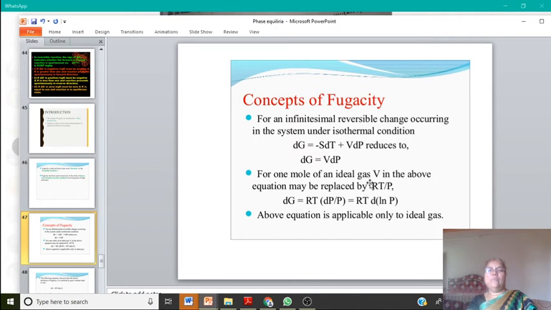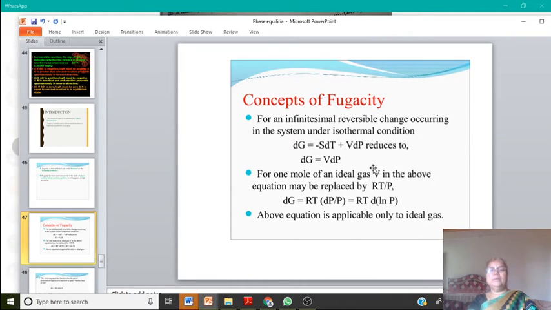For 1 mole of an ideal gas, V in the above equation may be replaced by RT by P. You know, for 1 mole of gas, PV is equal to RT, and in case of ideal gases, this is true. But in case of real gases, it is not true.